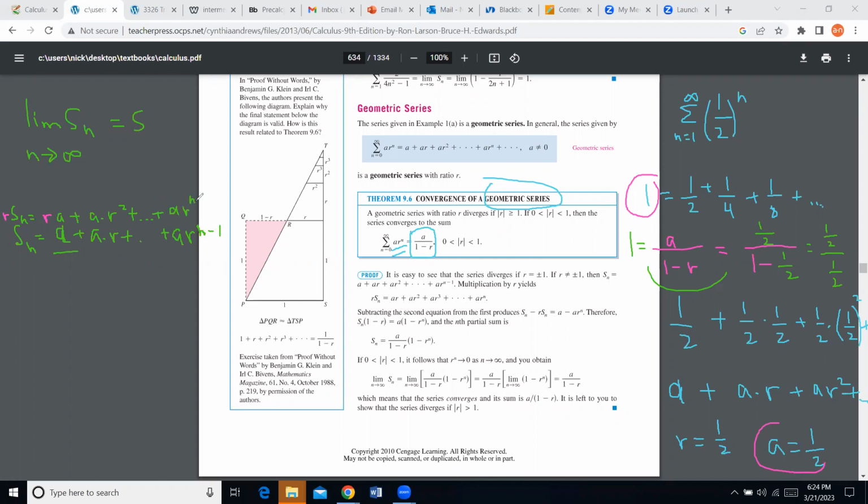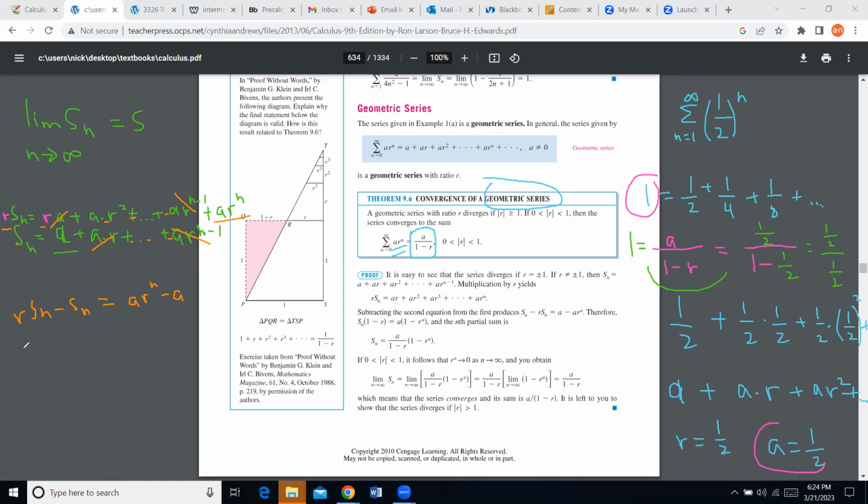But before that, I will write this term, so I'll be able to subtract and cancel. So when you subtract both sides of this equation, the left side and the right side, notice that this term will cancel with that, and this term will cancel with that, and so forth. Everything inside will cancel with the inside stuff. So you're going to end up with r times Sn minus Sn is the same as the last term left, a times r to the power of n minus a.